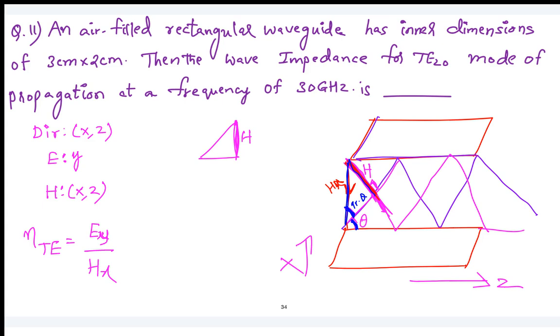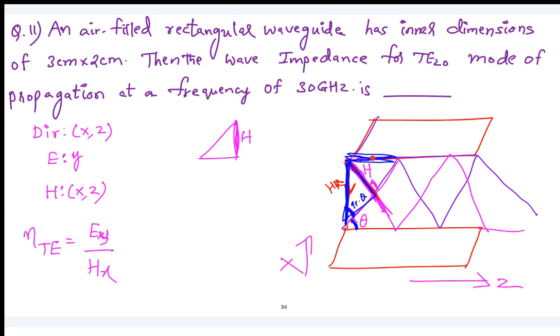So your magnetic field is perpendicular to the direction of propagation. That is the only condition here. Is it H sin theta or H cos theta? Please cross check. See here, in this particular triangle, this is your Hx component and this is your Hz component.